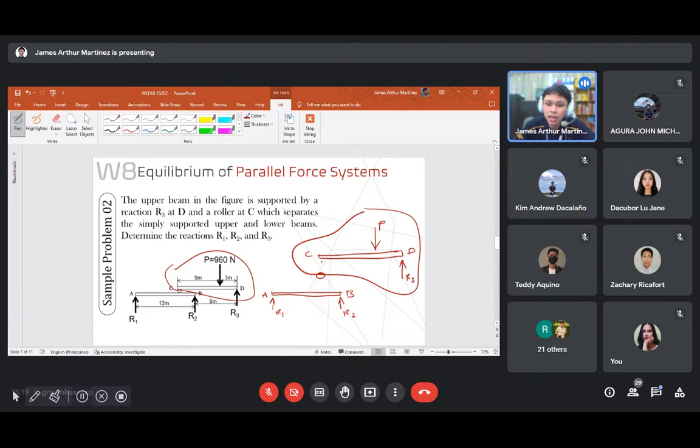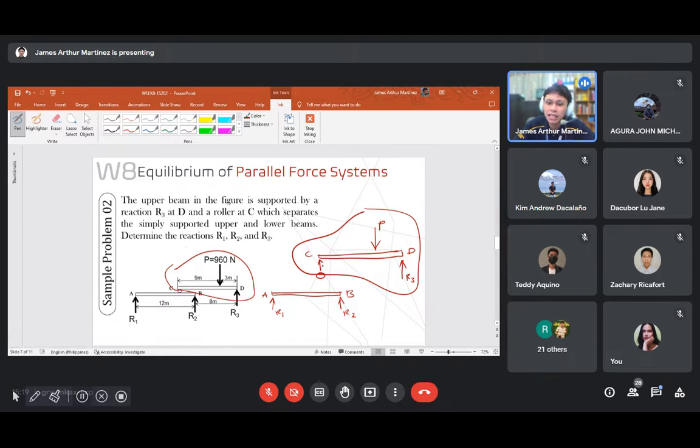So kung mag-moment na din, makuha na to ang R3. Okay? Since this is a roller support, we know na siya reaction in this manner, perpendicular sa tong beam CD. So, makuha ninyo ang R3 first, no?